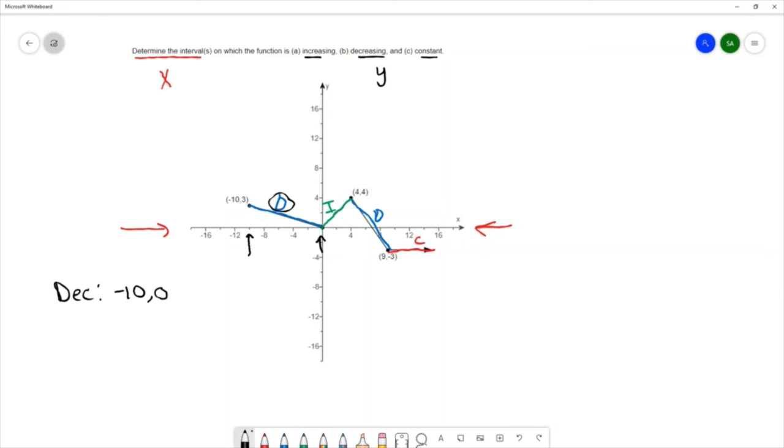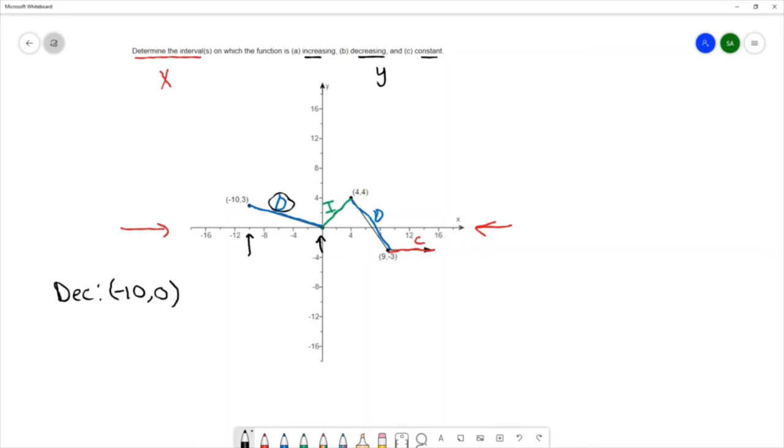And depending on the definition that's given to you, in some books you use parentheses based on the definition, in other books you use brackets. In our college algebra book, we use parentheses, but in the pre-calculus book I use, they would put brackets on those intervals.